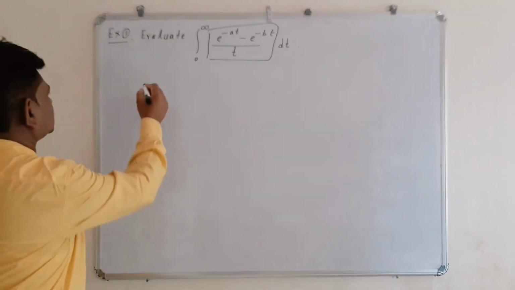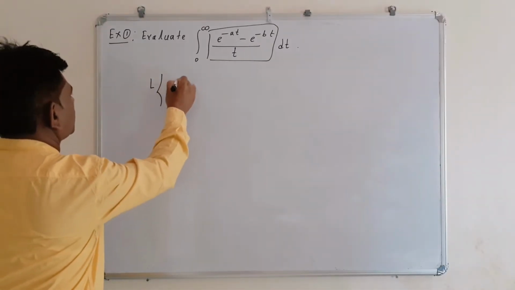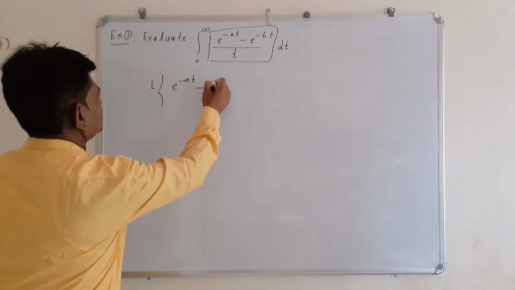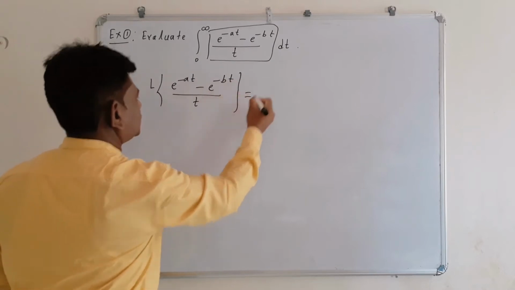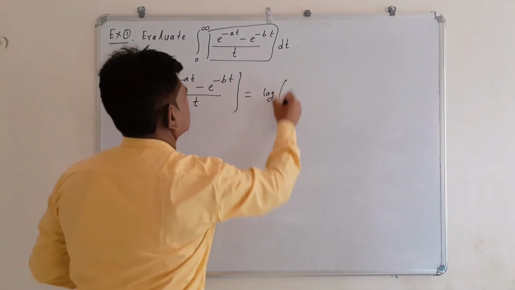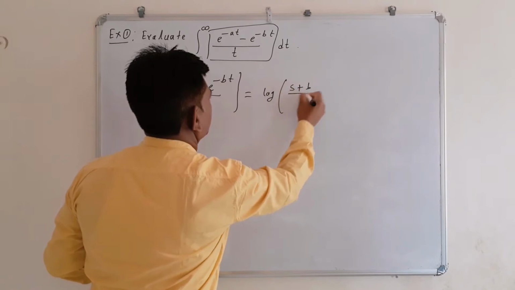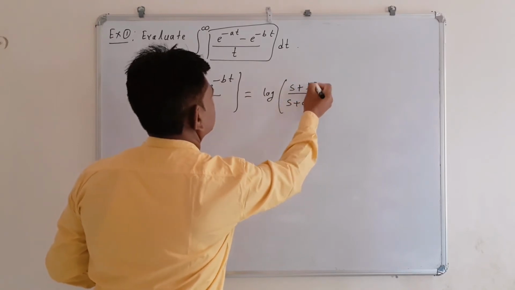Therefore Laplace transform of e to the power minus at minus e to the power minus bt upon t is equal to log of s plus b upon s plus a.